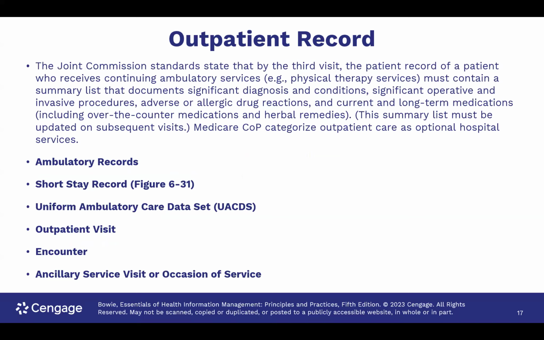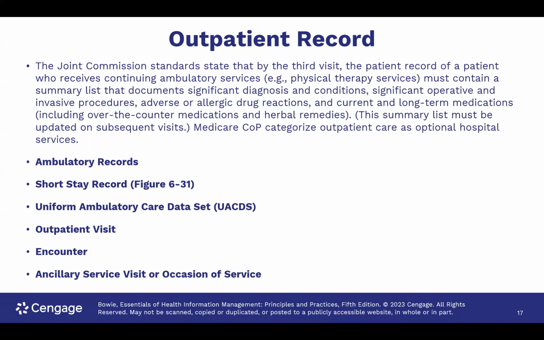Now let's talk about the outpatient record. Joint Commission standards state that by the third visit, the patient record of a patient who receives continuing ambulatory services, for example, physical therapy, must contain a summary list that documents a diagnosis, condition, significant operative and invasive procedures, adverse and allergic reactions, and current long-term medications.